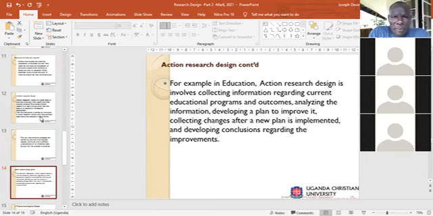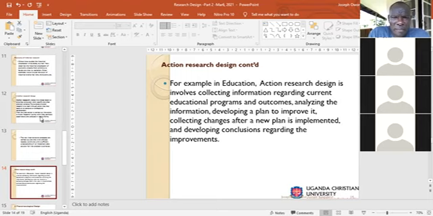For example, in education, action research design involves collecting information regarding the current educational programs and their outcomes. Then you analyze the information, then you develop a plan to improve it. Then you collect the changes after a new plan is implemented, and then develop conclusions regarding the improvements.